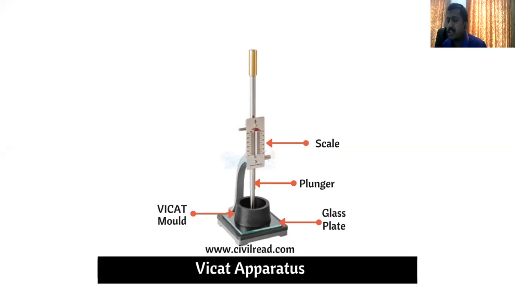Always remember, this question will be asked in your upcoming online MCQ examination. Previously, it was asked many times. As per our Indian Standard requirement, the penetration of the plunger should be 33 to 35 mm from the top of the cement paste, and 5 to 7 mm from the bottom.